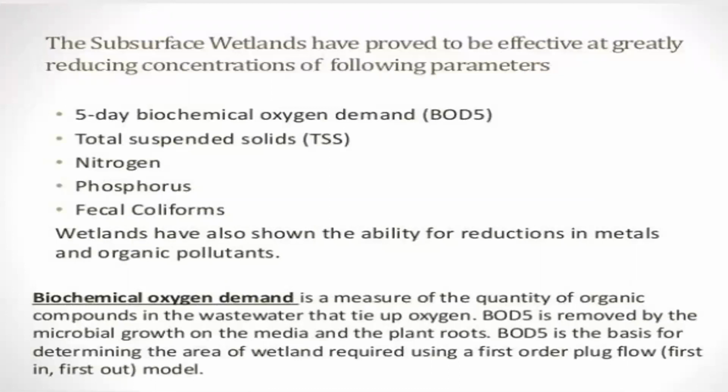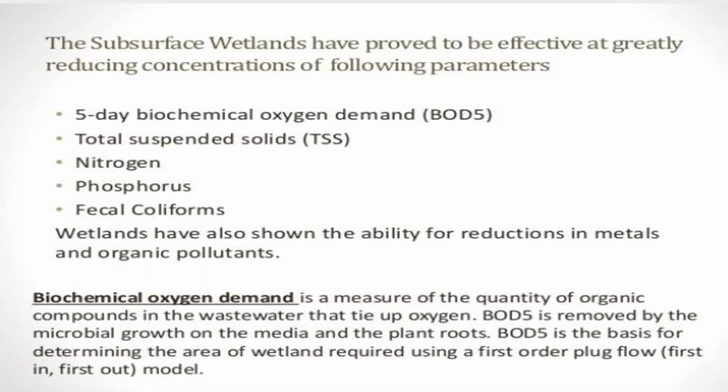Now here are the parameters that are reduced in the process of treatment by a wetland: BOD5, total suspended solids, nitrogen, phosphorus, and coliform, which is basically a pathogenic indicator. BOD5 is the oxygen required by microorganisms to break down organic matter.